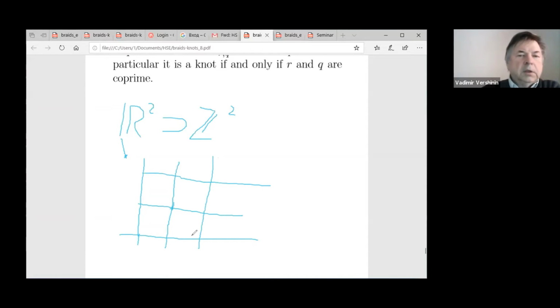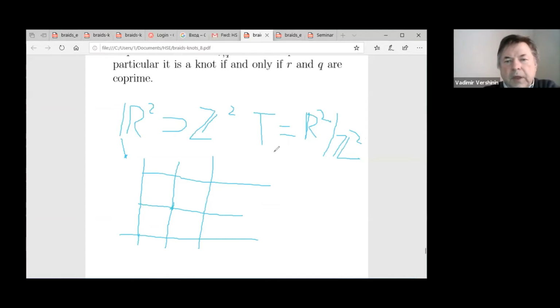So the torus is an abelian group, which is equal to R2 quotient Z2, right?